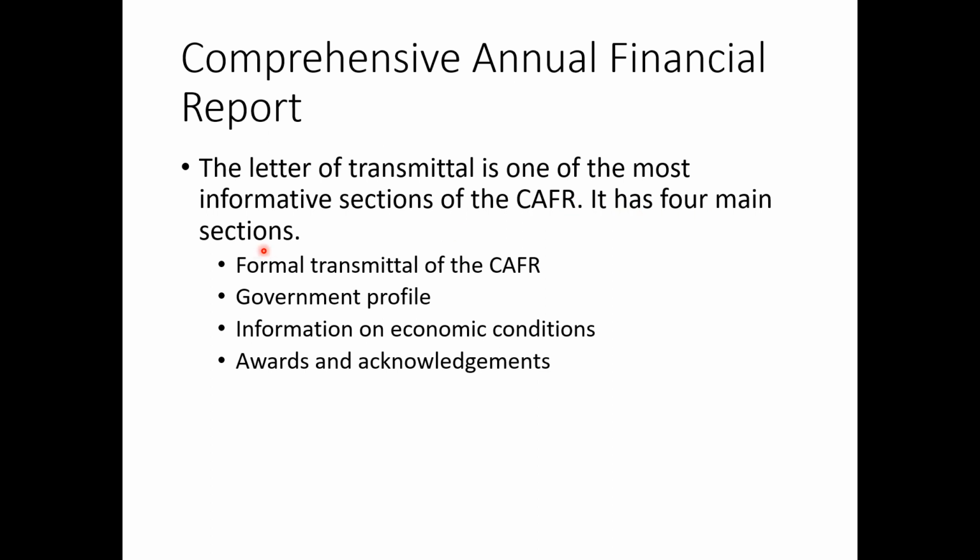There are 4 main sections in the letter. There's a formal transmittal of the CAFR, basically a well-summarized view of the government's performance. And there's a government profile, history, and the people, and what they have been doing.